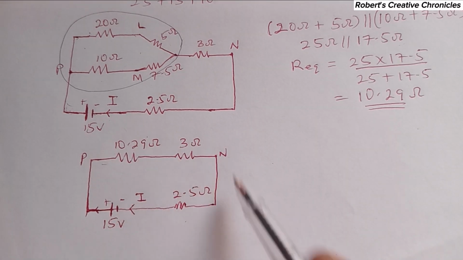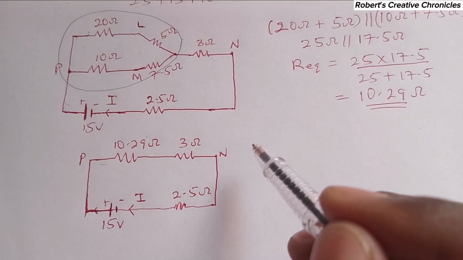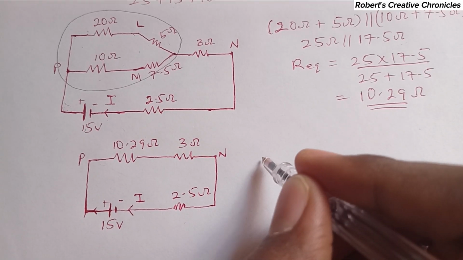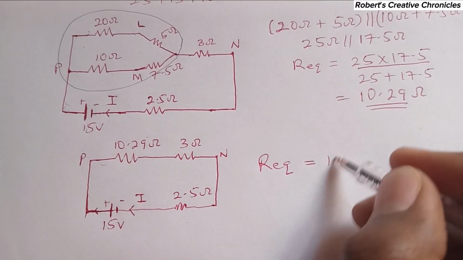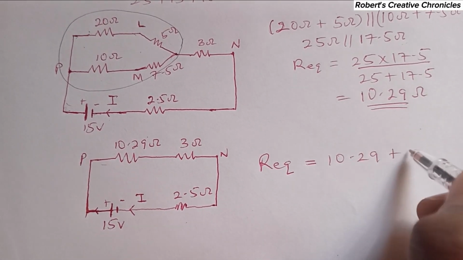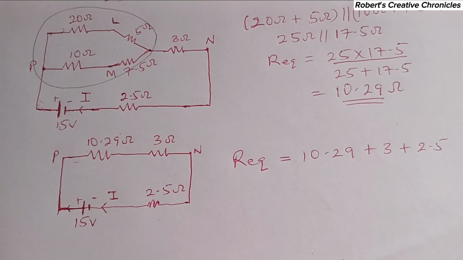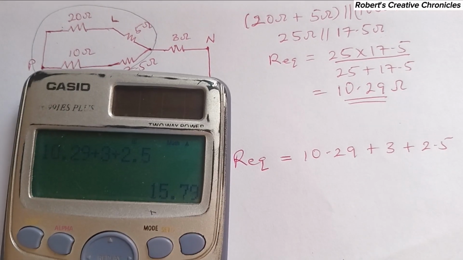The equivalent resistance is the summation of all the resistances. So 10.29 plus 3 plus 2.5 is 15.79.